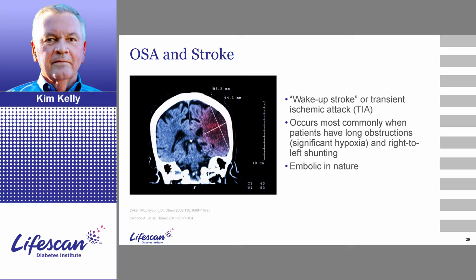And as a result, the hypercoagulability of the blood due to diabetes as well as obstructive sleep apnea or hypoxia generates the formation of clots, and that clot in a right to left shunt may be essentially thrown to the brain, causing a stroke, so that the patient wakes up with either a stroke or a transient ischemic attack.